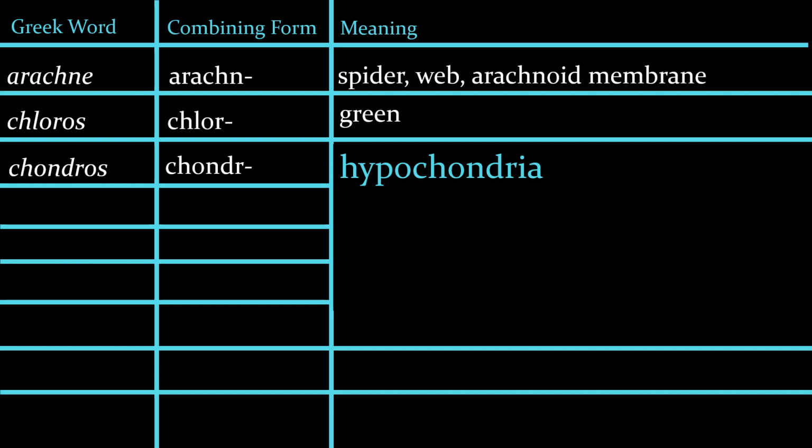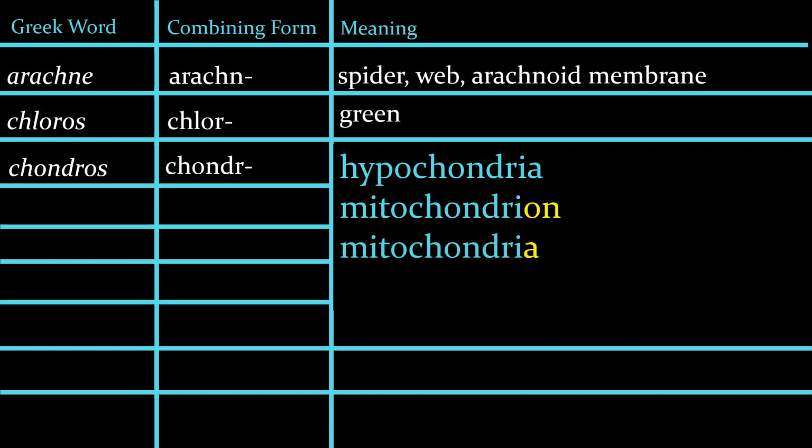So over time, the meaning has changed, and if you're a hypochondriac, although these days we might think of somebody who worries too much, if we go by the original Greek words, it's one who's just overly sad or overly melancholy.